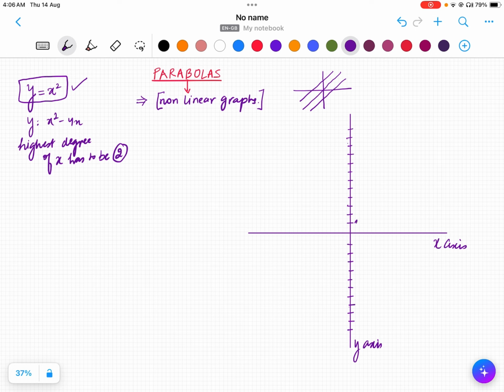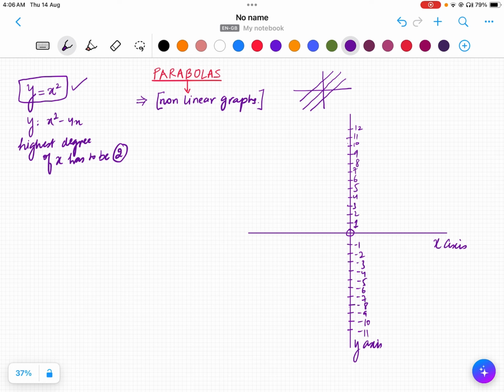Okay, so plot them as 1, 2, 3, 4, 5, 6, 7, 8, 9, 10, 11, 12, -1, -2, -3, -4, -5, -6, -7, -8, -9, -10, -11. The point that separates out the negative and the positive numbers on the y-axis would be the origin. The origin is this.